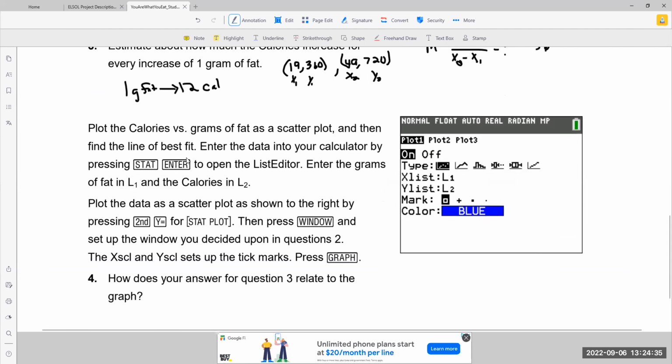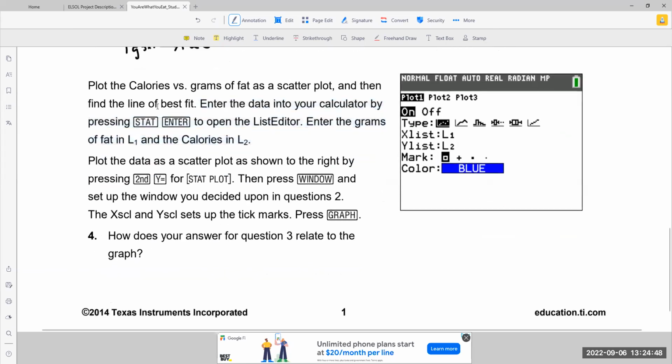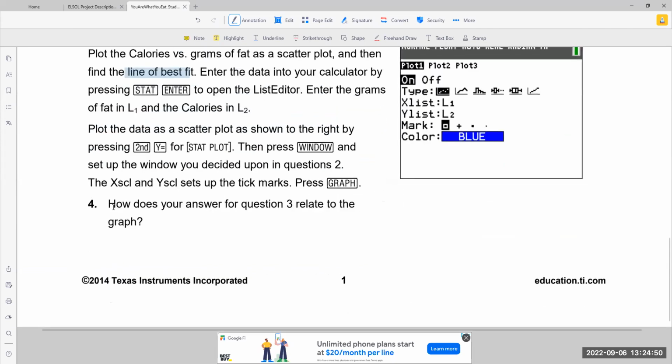Okay, so they kind of tell us how to do it and enter the data. We did all this part. And before we find the line of best fit, they want us to answer. We're supposed to plot the data as a scatter plot. We'll look at it here in a minute.